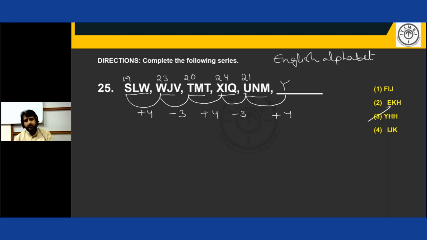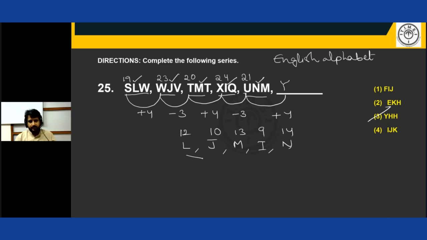In the exam, you can do up to here. It is enough. But here we'll do it. What are the second letters in each group? L, J, M, I, N. I'm taking the second letters in each group. Let's identify the logic. Write the place values. L12, J10, M13, I9, N14.